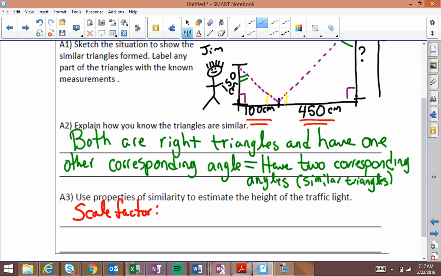To do this, I'm going to take the 450, because that is the side that I know from the triangle that I'm missing information, and I'm going to divide it by the corresponding side. So I have 450 centimeters divided by 100 centimeters, and this gives me a scale factor of 4.5.